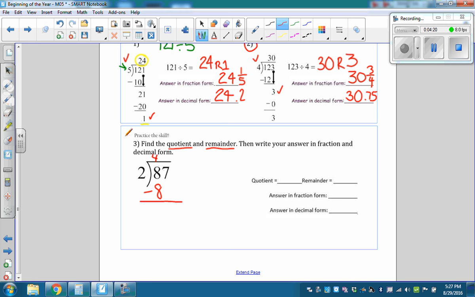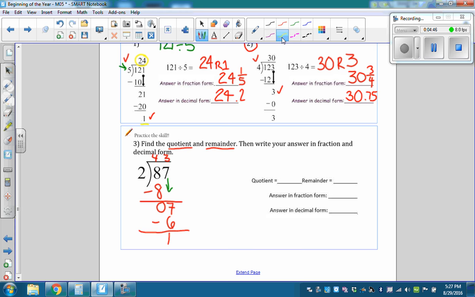So when I subtract, I get a 0, so I just bring down the 7. And again, this is review. Then we're going to continue dividing. 2 goes into 7 3 times. 2 times 3 is 6. 7 take away 6 is 1.